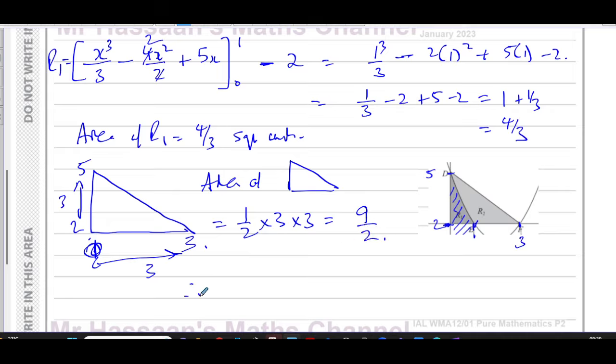So the region R2 is equal to the area of the triangle minus the area of R1. If you take away the area of R1 from this triangle, you're left with R2. So the area of R2 equals the area of the whole triangle minus the area of R1.